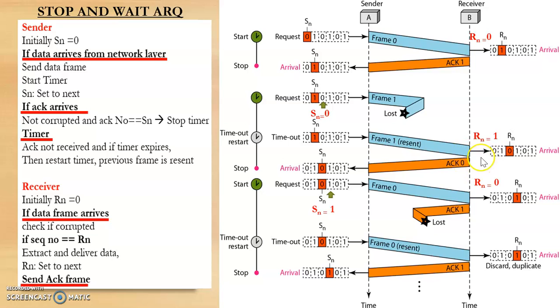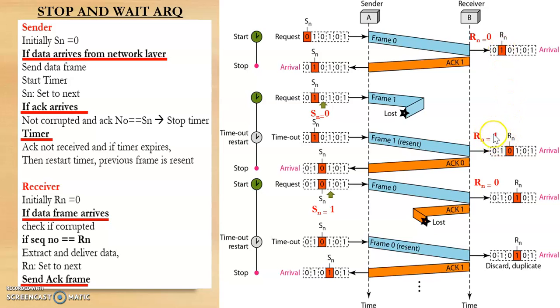Then at the receiver side, when the data frame arrives, the receiver will check if the data frame is corrupted. Let us consider that the frame is not corrupted. Then it will check if the sequence number is equal to Rn. The sequence number of the frame is 1 and the Rn value is also 1, because the frame was lost and Rn was not changed; the last updated value of Rn was 1.